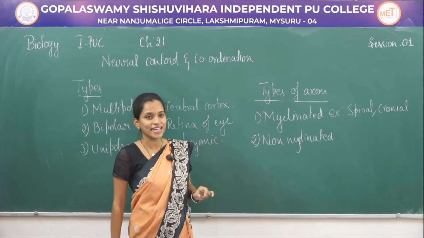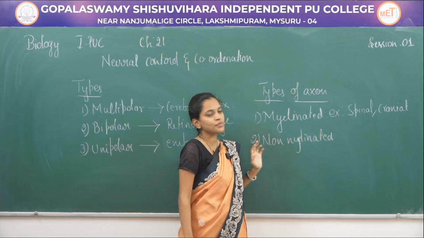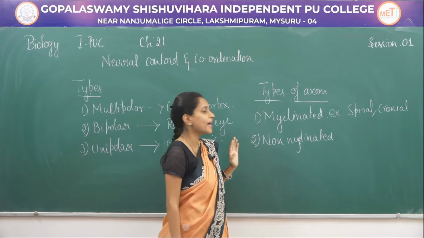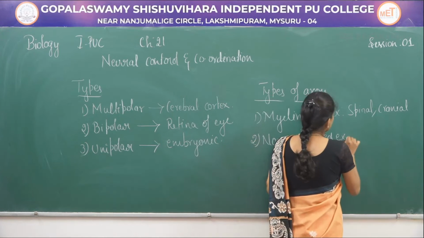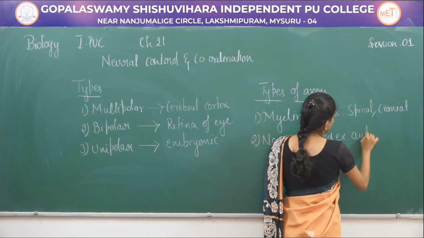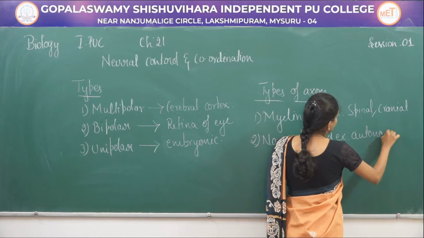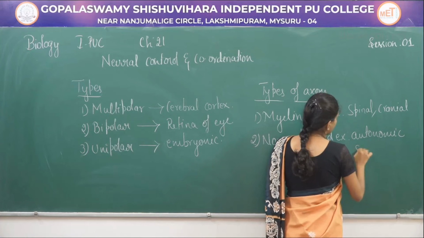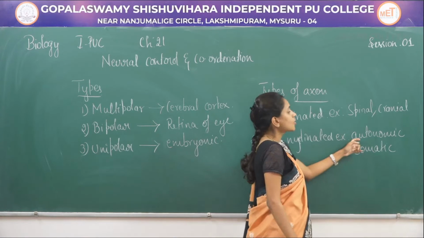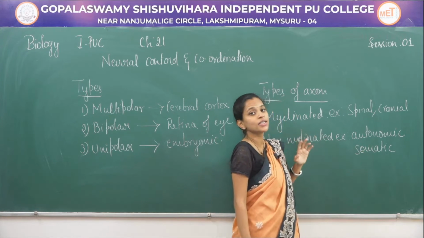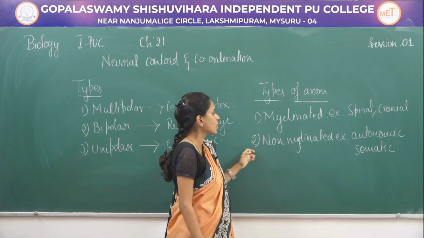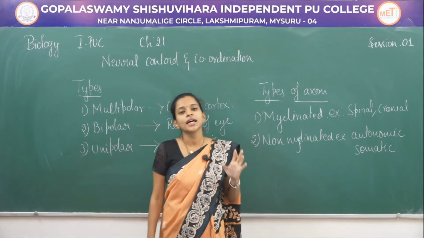They are naked, and this type of non-myelinated axon can be identified in the autonomic and somatic nervous systems.